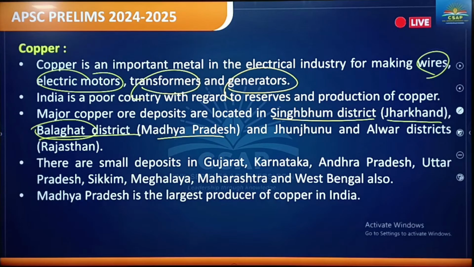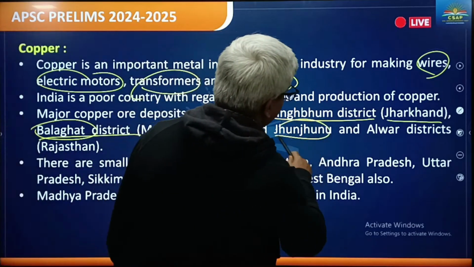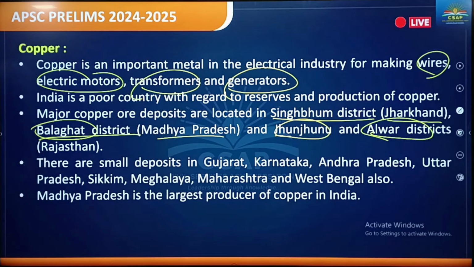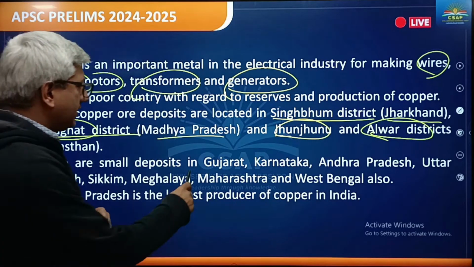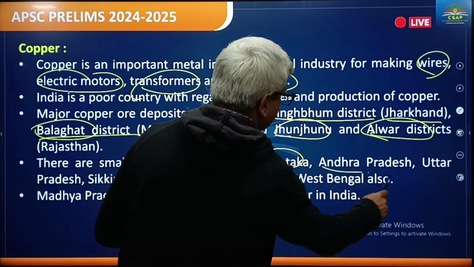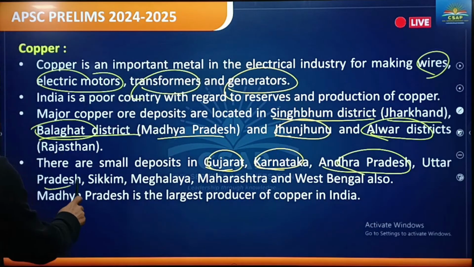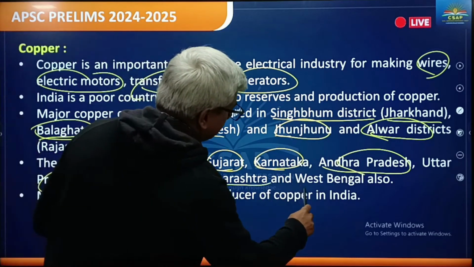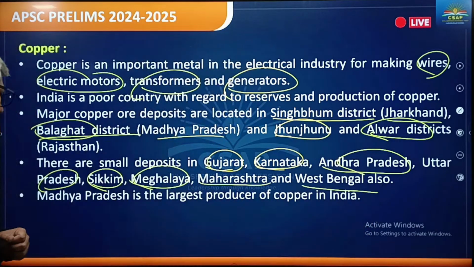So Balaghat, and then Jhunjhunu and Alwar districts. There are small deposits in Gujarat, Karnataka, Andhra Pradesh, Uttar Pradesh, Sikkim, Meghalaya, Maharashtra, and West Bengal also. Madhya Pradesh is the largest producer of copper in India.